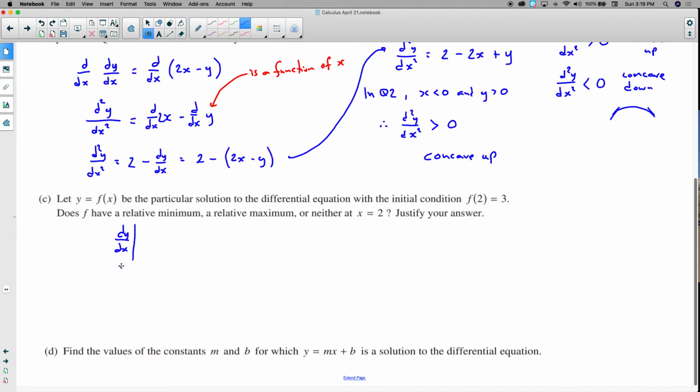I'm given this initial condition over there, so I can use my first derivative, my slope calculator, and I can drop in 2 for x and 3 for y, and see that I get 1, which is not equal to 0, therefore no critical point. So neither.